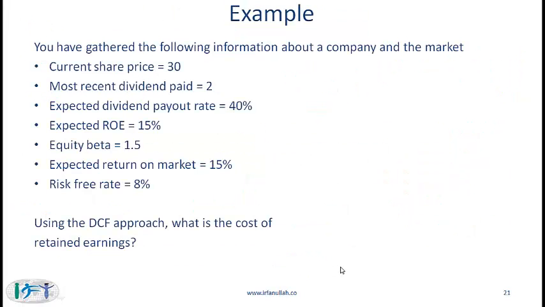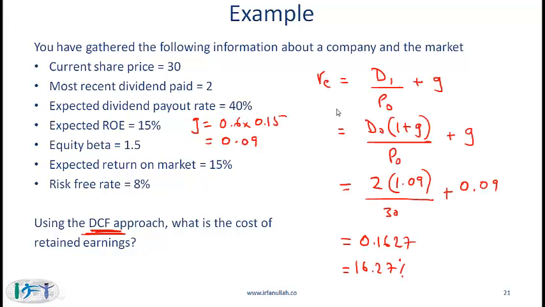I want you to do this example now, and notice that you are being asked to use the DCF model. Here is what you need to do. The cost of equity based on the DCF approach is D1 over P naught plus g. This is an extremely important formula which you must know.